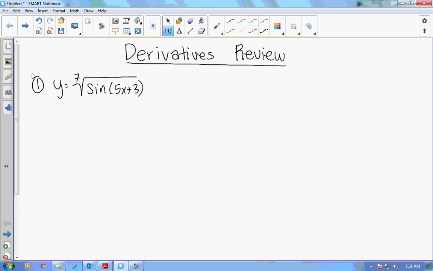Chain and product, actually, not product, excuse me, double chain rule. Whenever it's just a square root or 7th root of x, that could be just a power rule. But if there's more than just x underneath that radical, that's a chain rule.